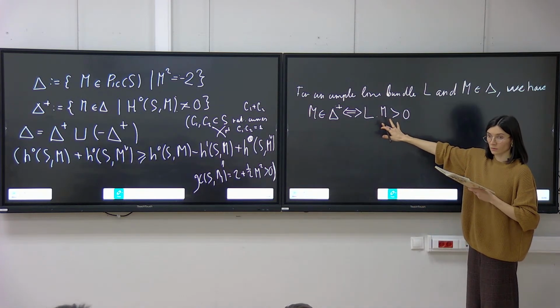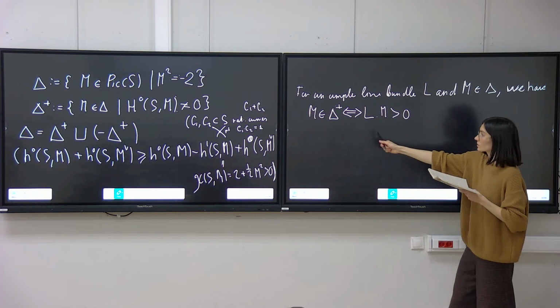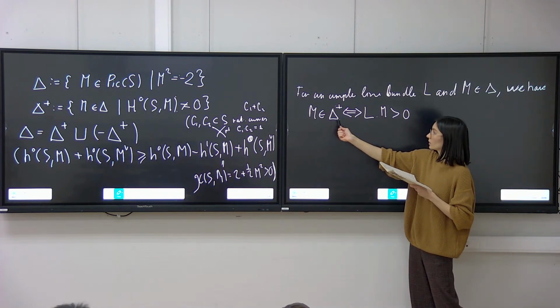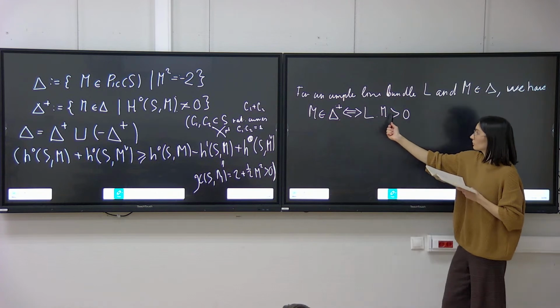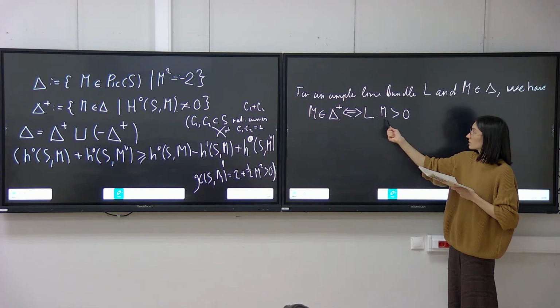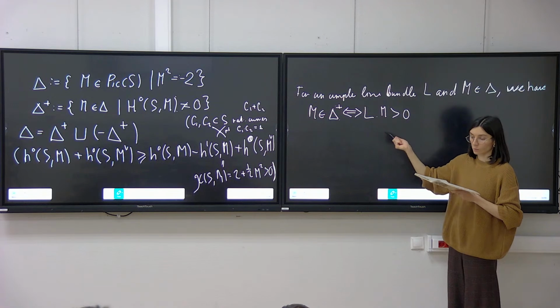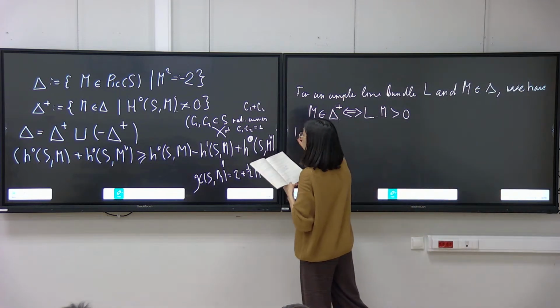As before, there are two components, and M is in the positive component if and only if its intersection with an ample line bundle is positive. Okay, now let me formulate the theorem.